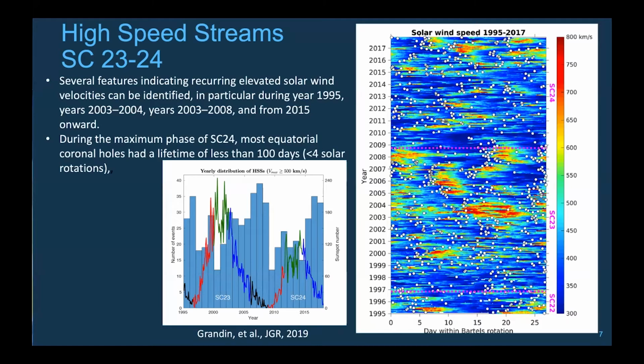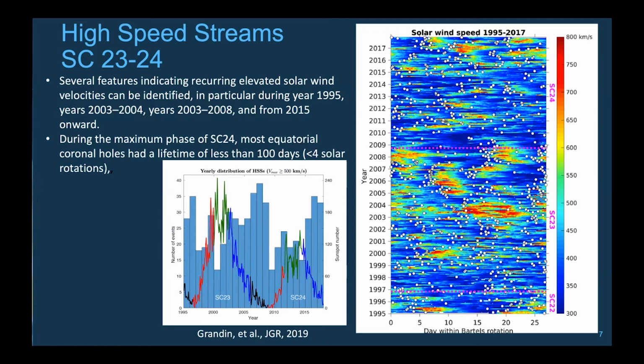Immediately the signatures are in the speed and how long the high-speed streams are lasting as you go above 2015. That abrupt change in the size of the coronal holes triggered a lot of interesting things in geospace.